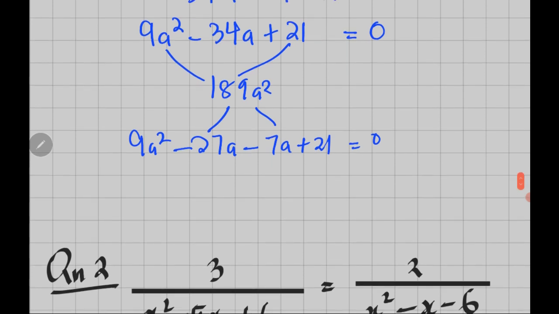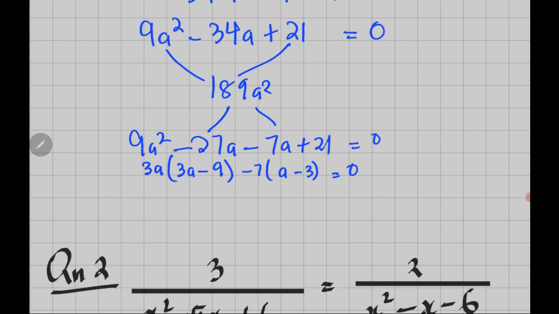Common factor of the first two is 9a: 9a into 9a squared, we get a. 9a into minus 27a, we get minus 3. Then common factor is minus 7: minus 7 into minus 7a, we get a, and minus 7 into 21, we get minus 3.